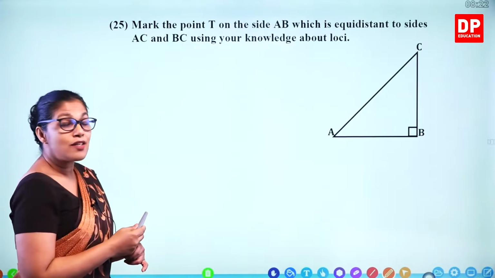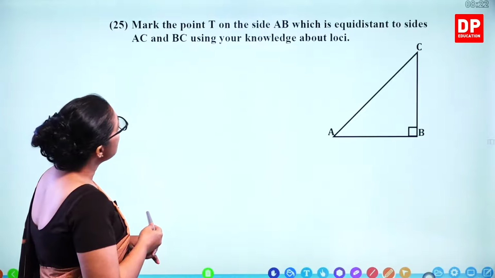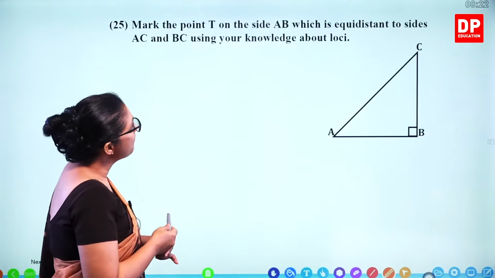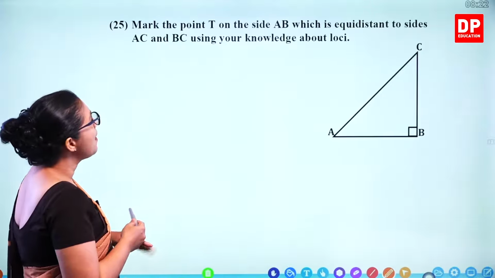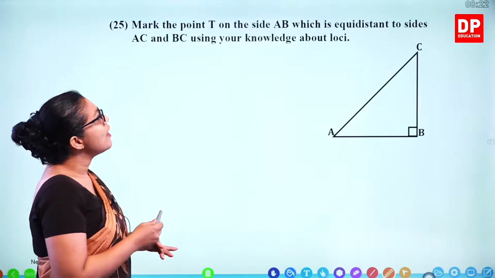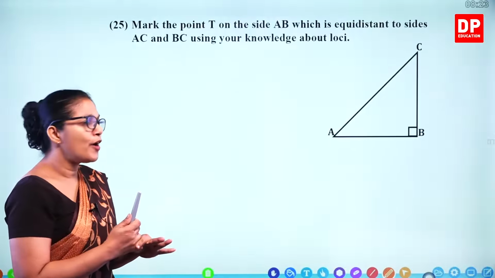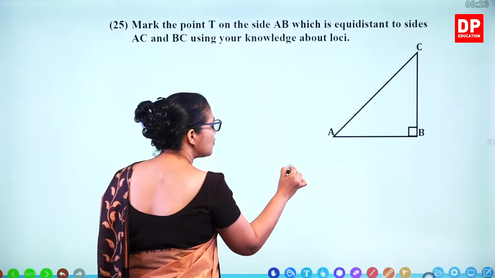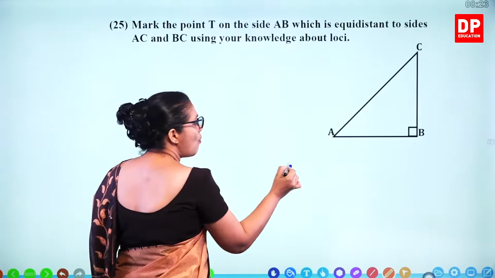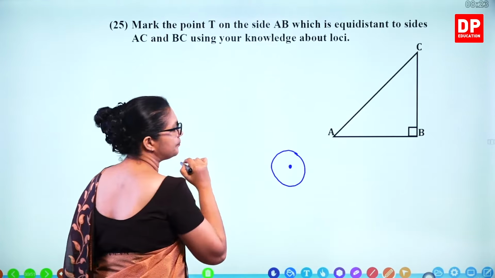Now we'll take the last question in part A. Mark the point T on the side AB, which is equidistant to sides AC and BC, using your knowledge about loci. So what are the important 4 loci you need to know for O-level exam? Just 4. What is equidistant from a point? That's a circle.